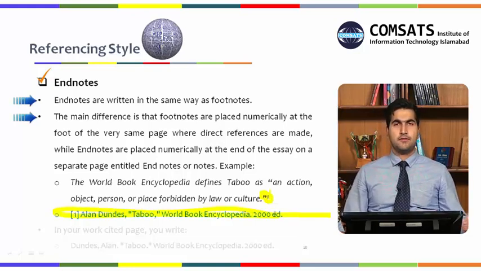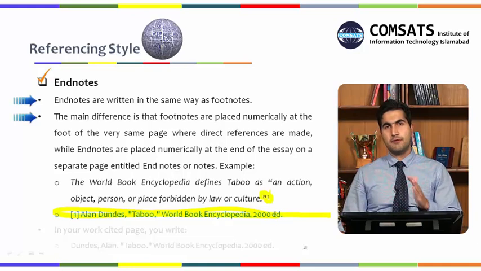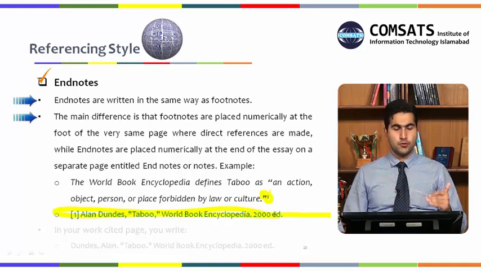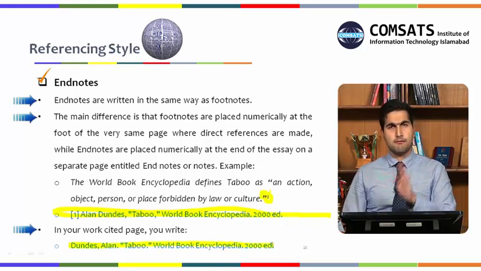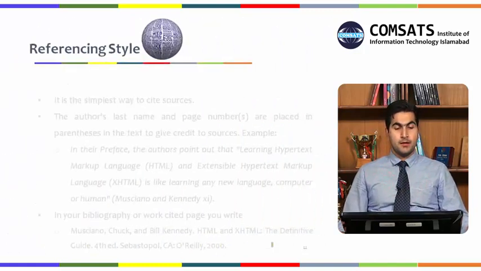Right now the reference is written just for your convenience, but the same kind of reference would come in the last page of endnotes sequentially 1, 2, 3, 4 all together in the form of a list. And then there will be a works cited page where you're going to provide a reference in a referencing style.